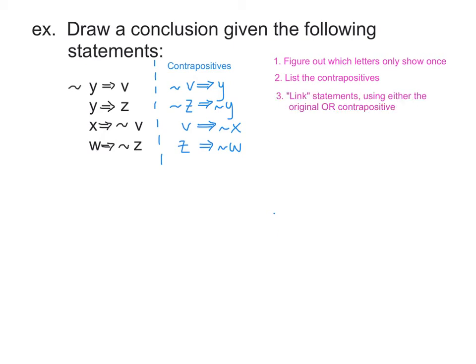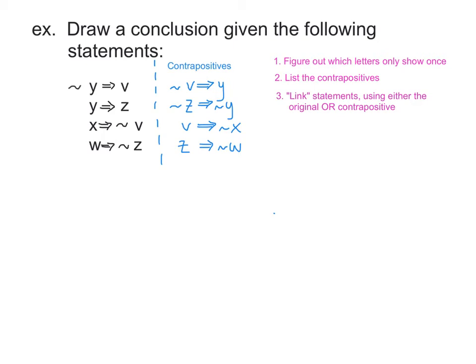Okay, time for step 3, our last and final step. Now we're ready to link our statements all together. Now here's the key. You can use either the original statements or the contrapositives, but not both. I'm not trying to yell, but let me say it again. The original or the contrapositive, but not both. So what does that look like?